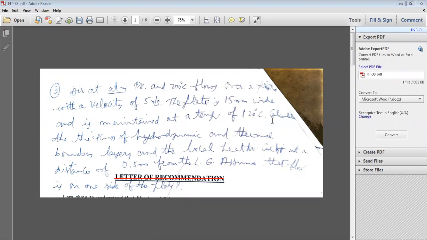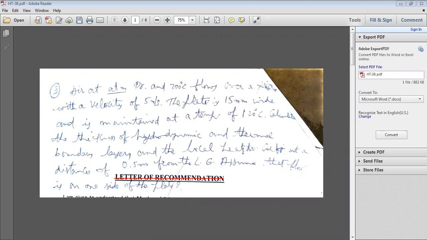For this problem, calculate the thickness of the hydrodynamic and thermal boundary layers. For this plate, you have to calculate delta and delta TH. The thickness of the hydrodynamic boundary layer is delta, and the thickness of the thermal boundary layer is delta TH.